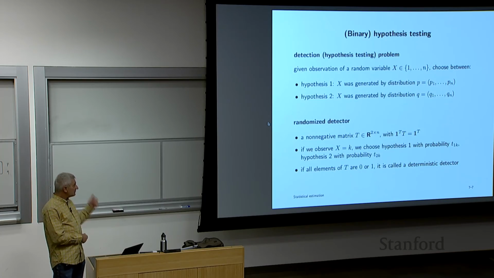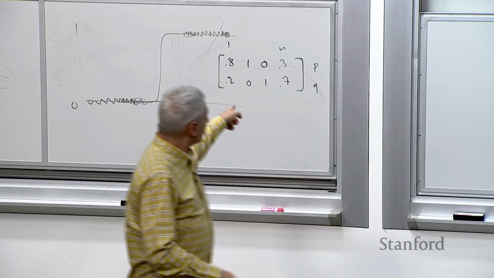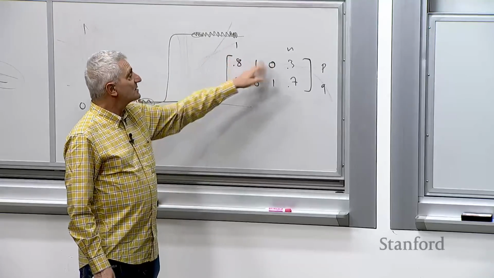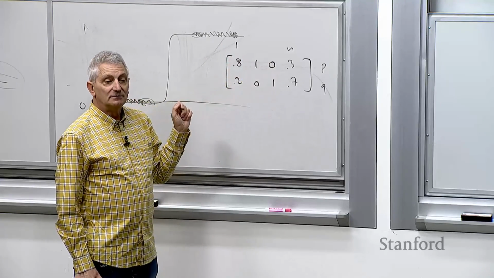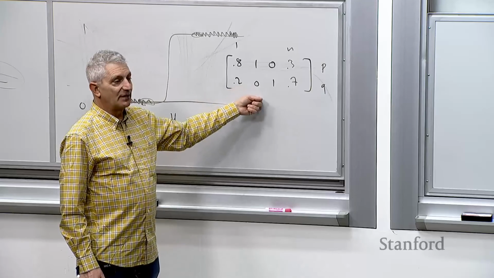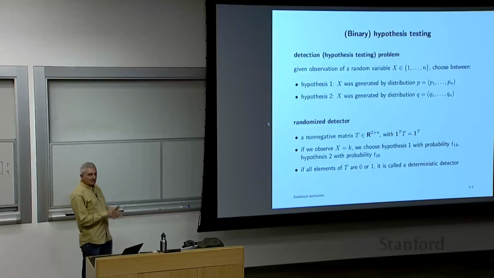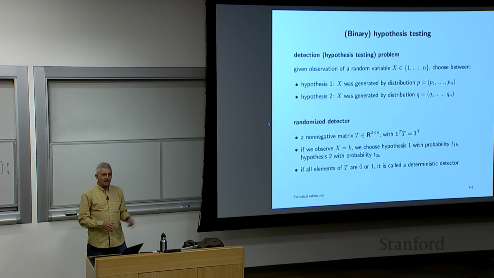The rules for this detector matrix are that entries are non-negative and the column sums are 1. It characterizes a randomized detector. You'd say the matrix is column stochastic.